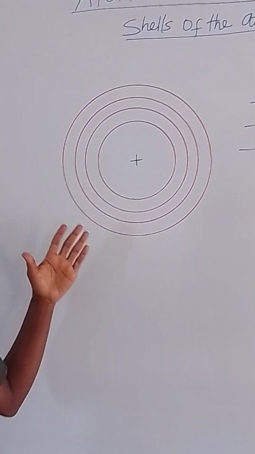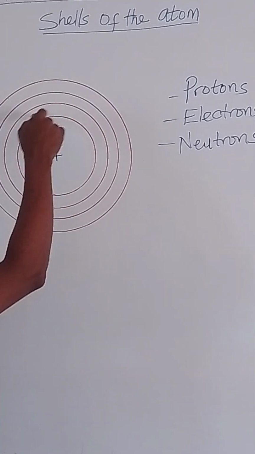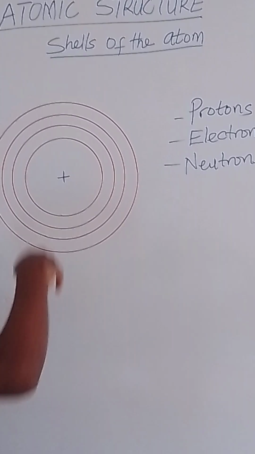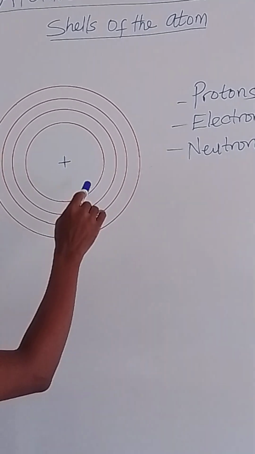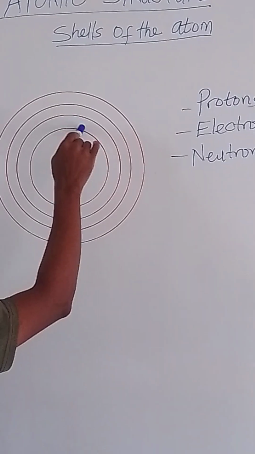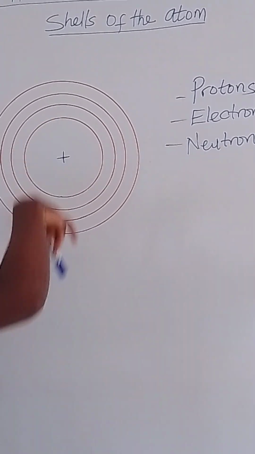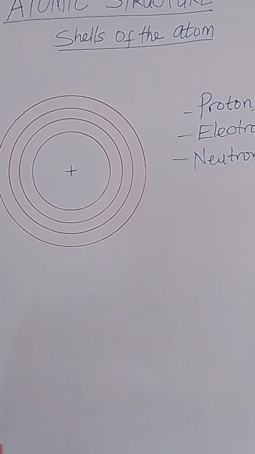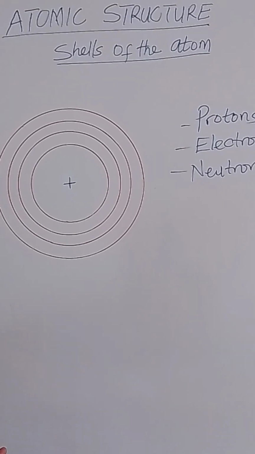While the electrons revolve around the nucleus along the imaginary paths called shells.